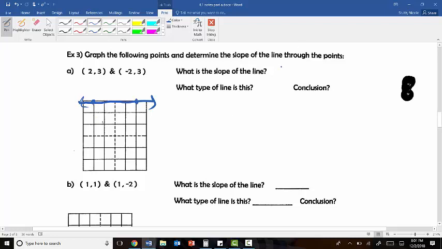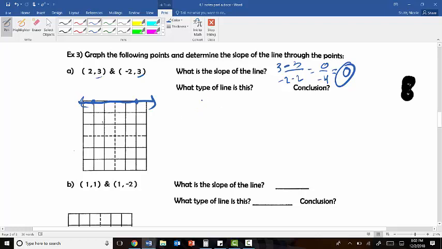So we're going to do 3 minus 3 over -2 minus 2. And we should always be getting 0 as the top in examples like these. And 0 divided by anything is always 0. So the slope of this line is 0.